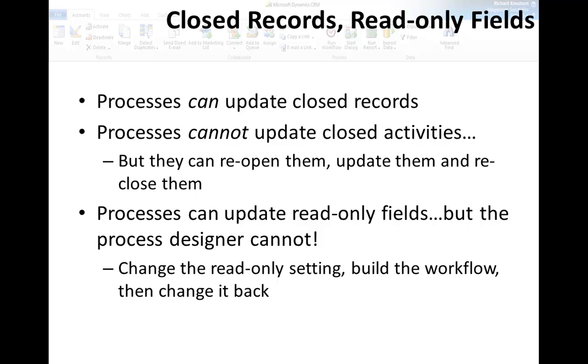A client's sales team synchronizes lots of appointments from Outlook to Dynamics CRM. And there are custom fields, appointment type and things like that, that they use in CRM, and they're required fields. They're important from a reporting standpoint. But those custom fields are not available in the Outlook appointment form. The Outlook appointment form is an Outlook form.